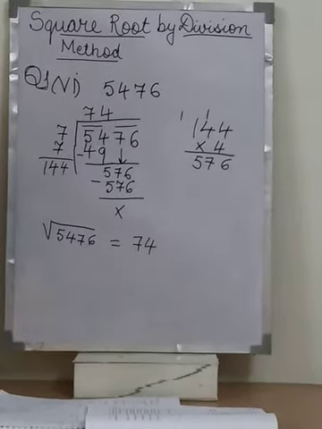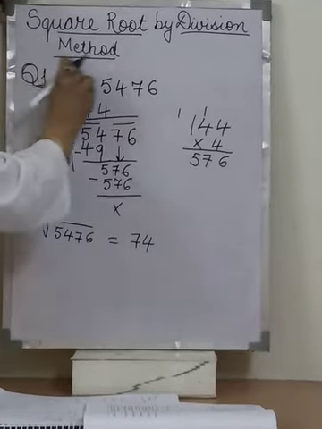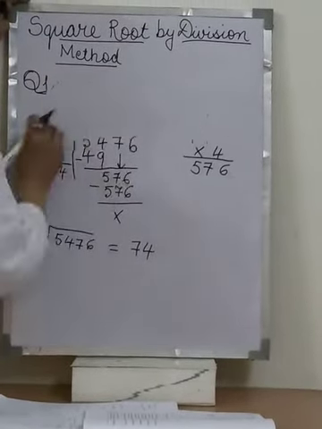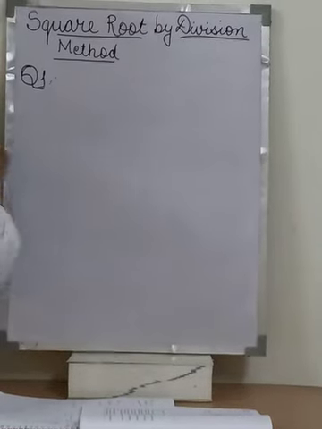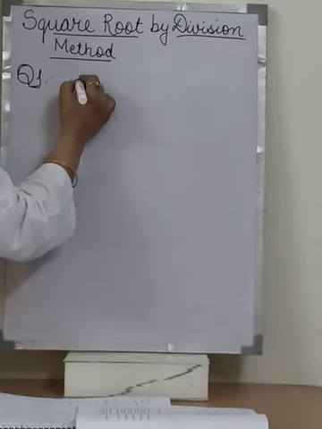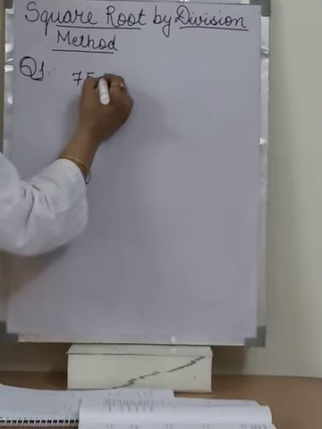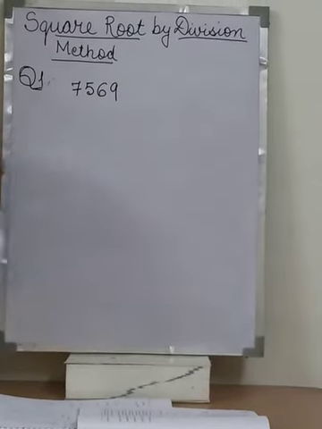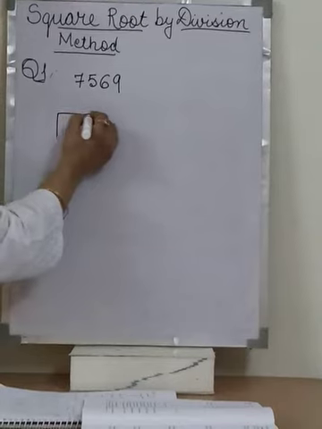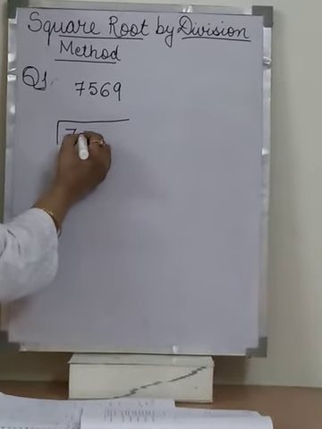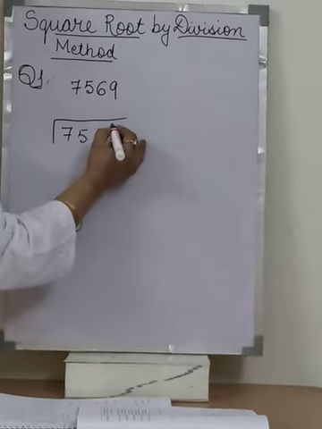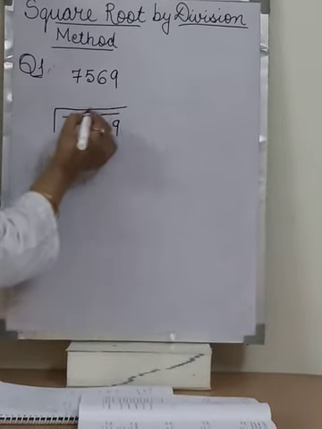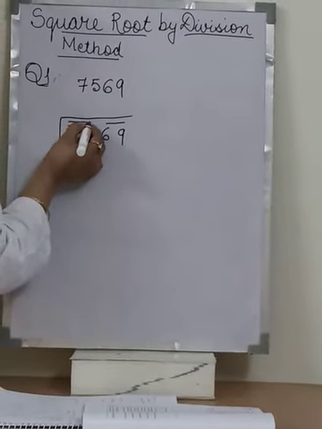I take one more sub part of it. I take the 8th sub part, that is 7569. The first step, we make the periods starting from the right side, that is from the unit digit. So this is the first period and this is the second period.